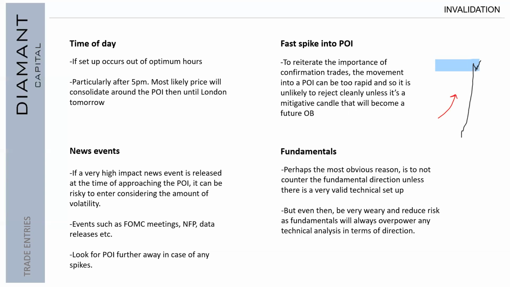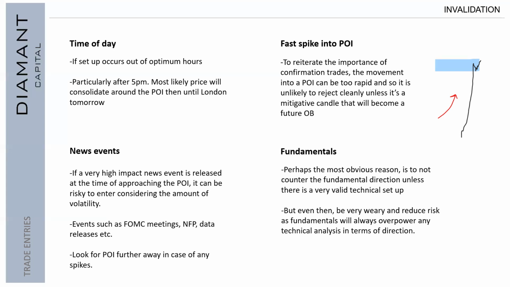Second thing, news event. If a very high impact news event is released at the time of your point of interest being approached, it can be very risky to enter considering the amount of volatility. Events such as FOMC meetings, NFP, other data releases like CPI, PPI. I don't want to confuse you with anything at the moment, but we're going to go through that in the future.